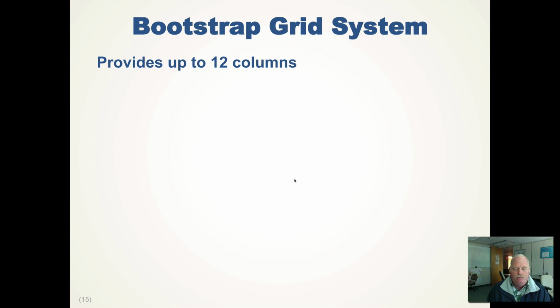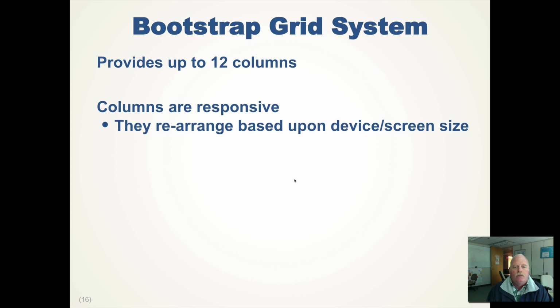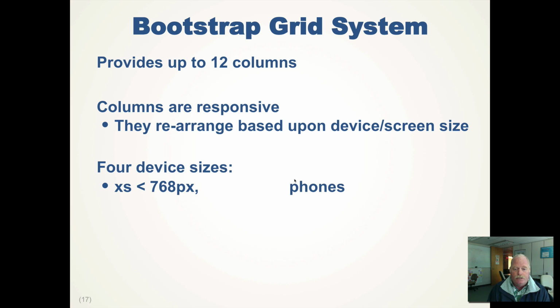So the grid system provides 12 columns that you can use to lay out your content in your web page. And the columns are responsive. They rearrange themselves based upon the screen size. Again, we talked about this: if it's less than 768, we're talking basically phones, a very small device, and the size is called extra small, or for phones. Then there's small, which is between 768 and 991.